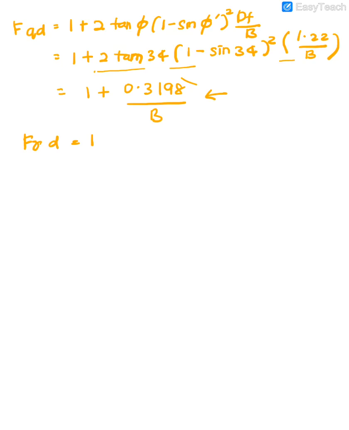So q equals D1 gamma plus D2 times (gamma saturated minus gamma w).